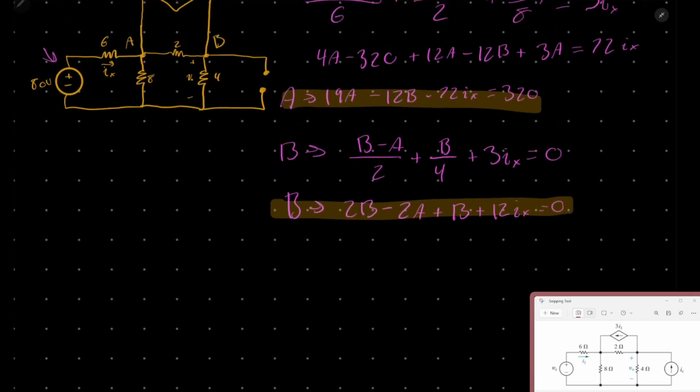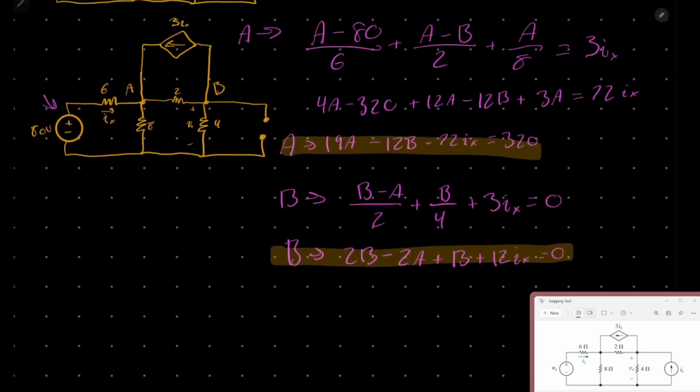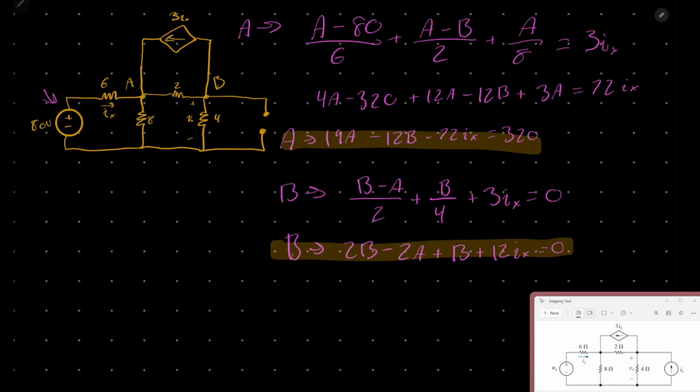Okay, so we have to get an equation for this ix. And looking at our circuit right here, we can see that the equation for ix is actually going to be 80 minus a over 6 will equal ix, because we're doing voltage divided by resistance, which is the formula for current.